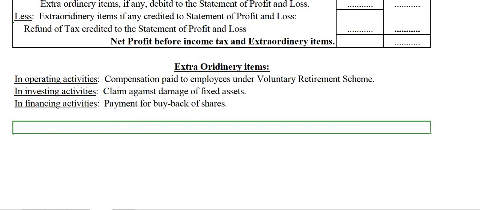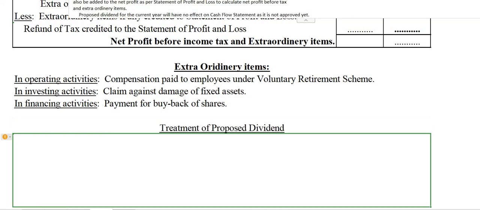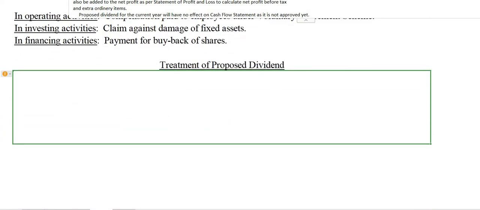And let us see the most important part, treatment of an item, which is treatment of proposed dividend. See, proposed dividend will be mentioned in the opening balance, that means last year amount and current year amount in the balance sheet. So in this cash flow statement, we will not take current year balances of proposed dividend.